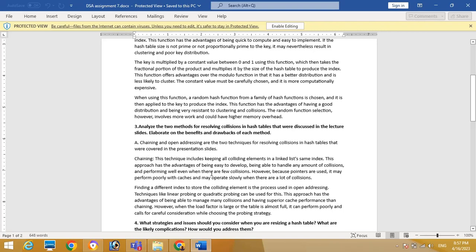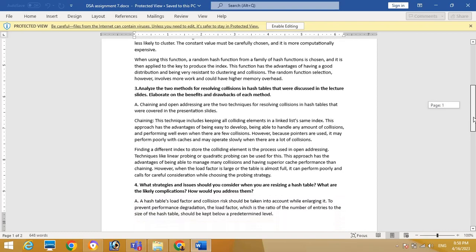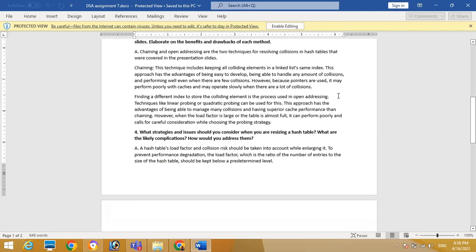This approach has the advantage of being easy to develop, being able to handle any amount of collisions, and performing well even when there are few collisions. However, because pointers are used, it may perform poorly with caches and may operate slowly when there are a lot of collisions.